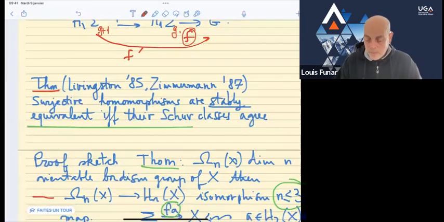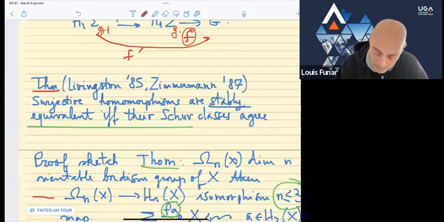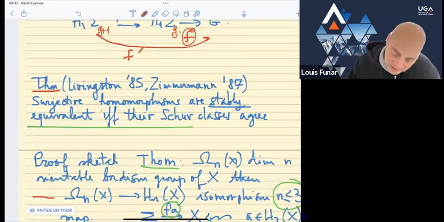So here is maybe the main result about Schur classes and surjective homomorphisms. Now observe that I added something.